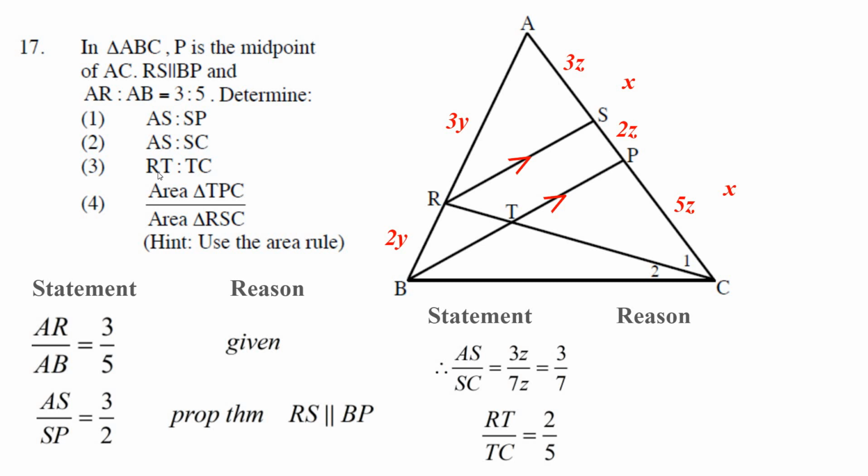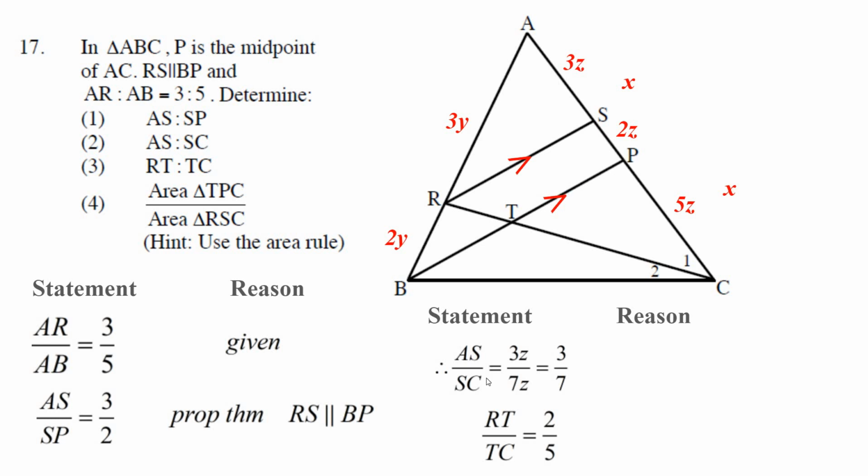And the last one, RT to TC. RT to TC must be in a ratio of 2 to 5. Now, why is that? RT to TC, there's a triangle right here where TP is parallel. You see the triangle RSC? And TP is a parallel line.